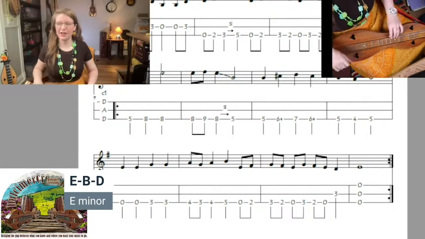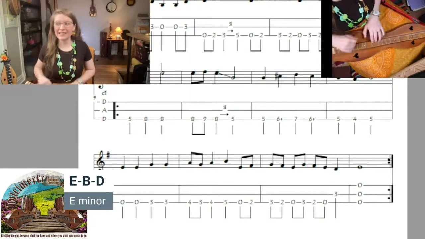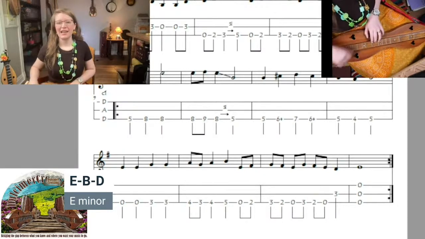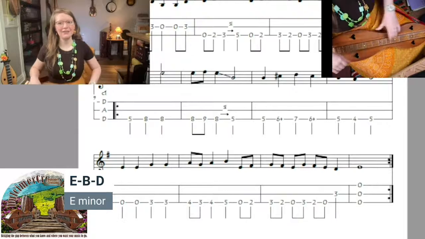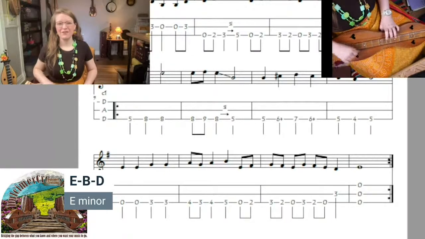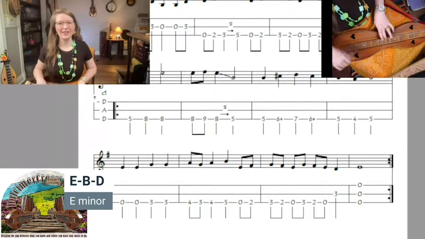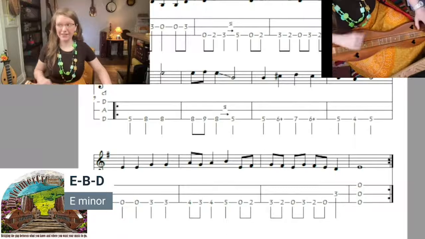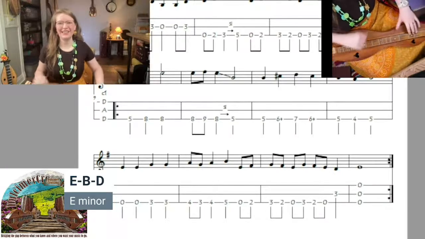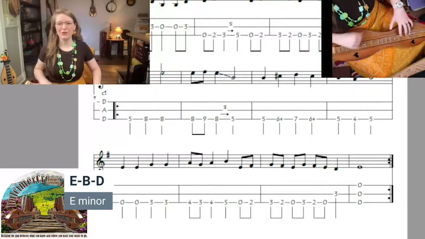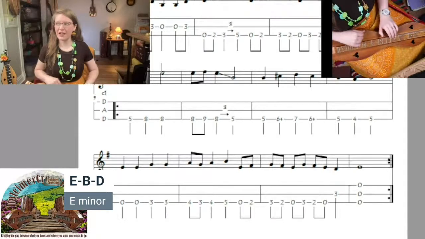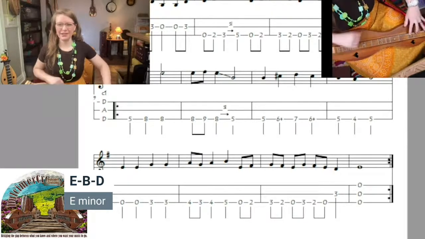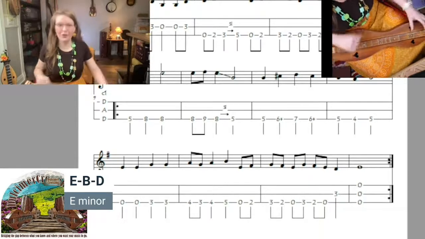Okay, so here we go. 5, 8, 8, 8, 9, 8, 5, 5, 6.5, 7, 6.5, 5, 4, 3, 1, 1, 3, 3, 4, 3, 4, 5, 1, 2, 3, 2, 1, 3, 2, 1, 0, 1.